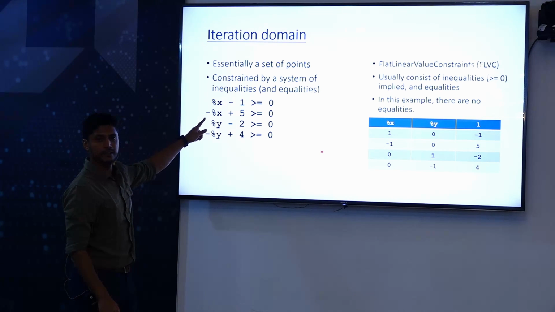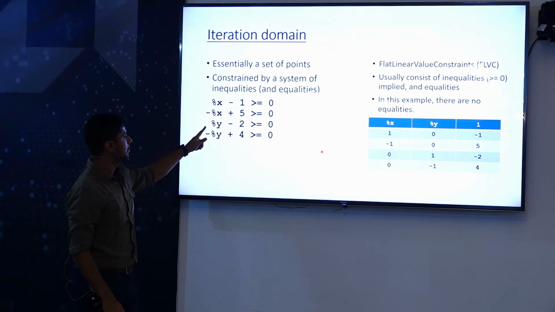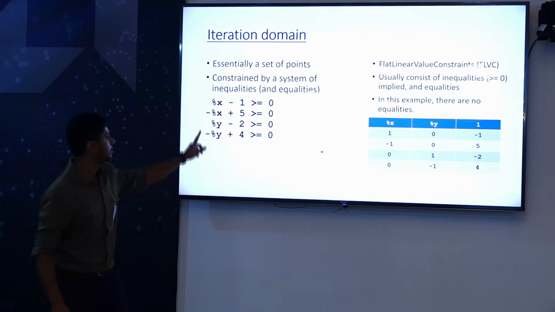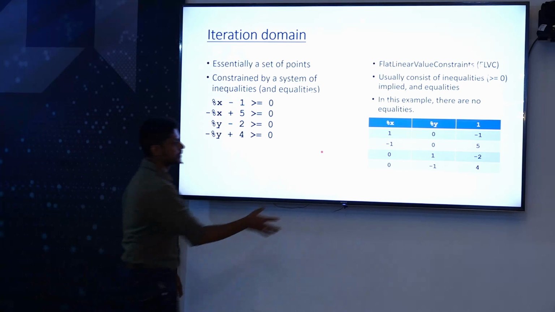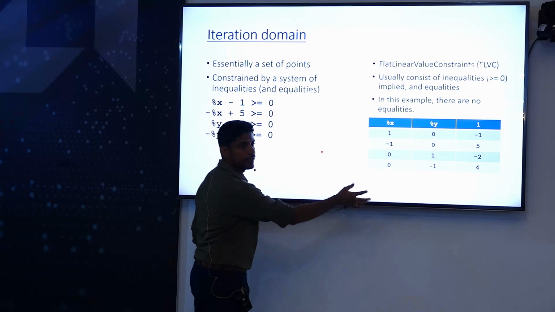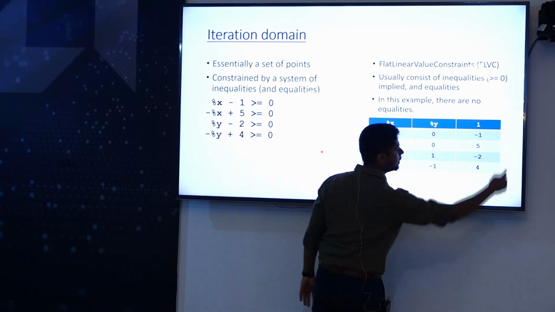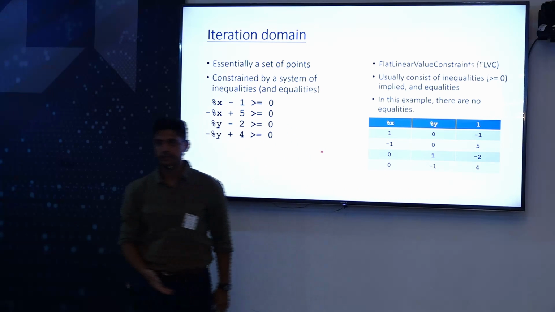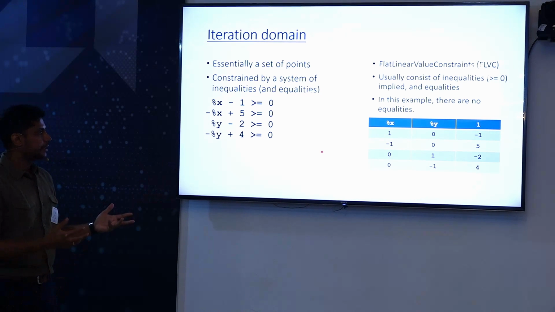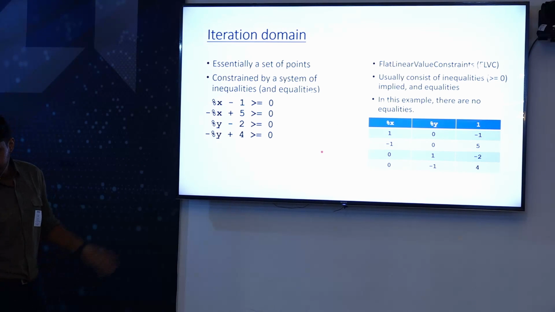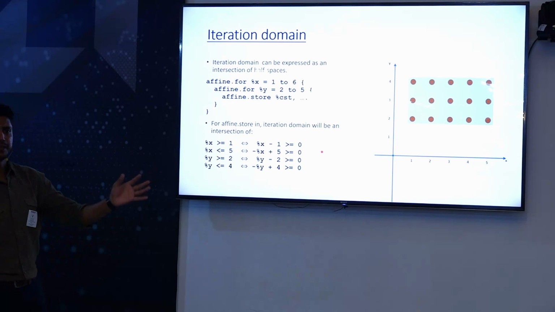Similarly, the second one and the rest. So this and that are equal. If there was an equality, it would be represented as a separate table here, and the assumption would be that instead of greater than or equal to 0 at the end, it would be equal to 0 at the end. It's not here, but we will see that example. Good. So, okay, what have we achieved with this? No extra information is collected actually. Whatever was there in the affine nest is the same thing represented in a different format in terms of inequalities.